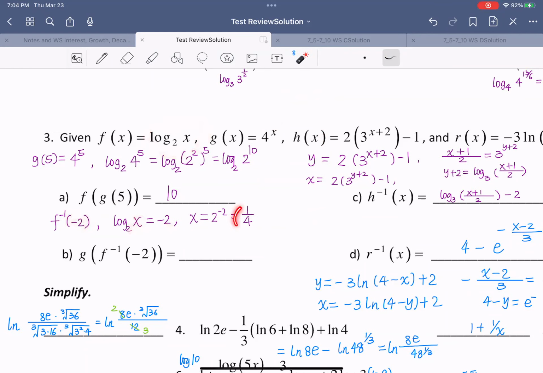Solve the x. That is your F inverse. And then you drag this one as input to g(x). So x is 1/4. So this is 4 to the power 1/4. It's not complete yet. 4 is 2 squared. So this guy is 2 to the power 1/2, which is square root of 2. Anybody feel confused? Ask me, please. That's what's going on. Make sense?